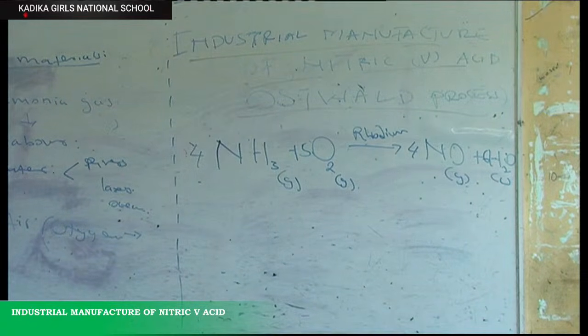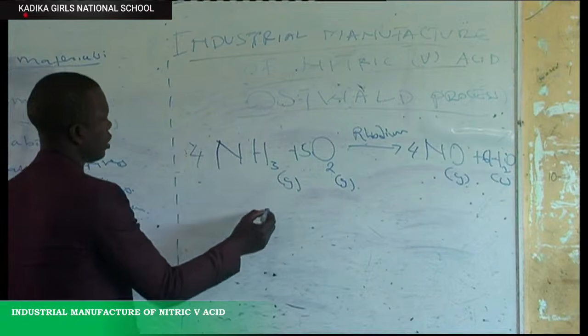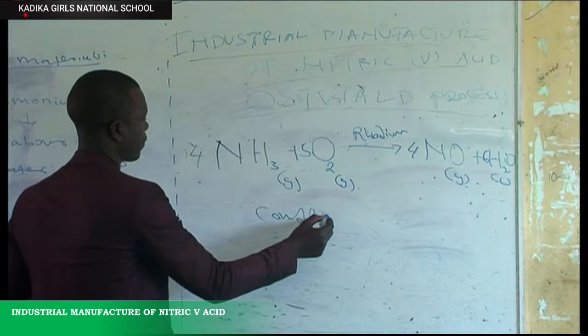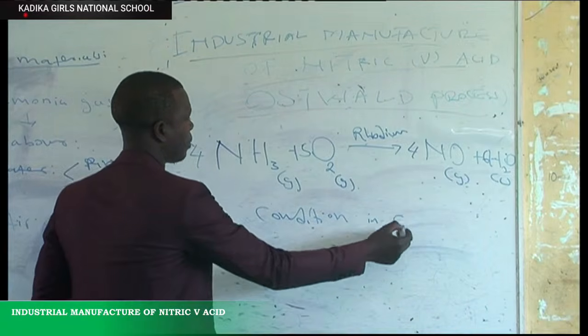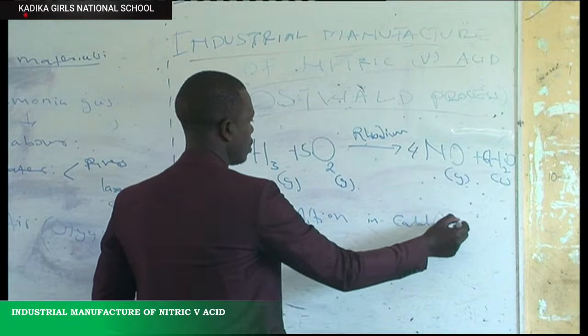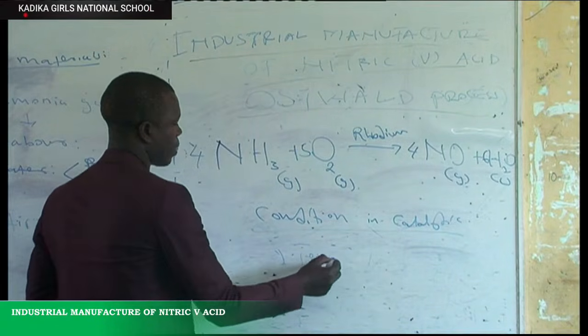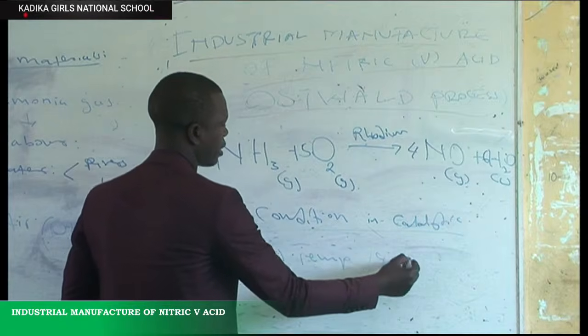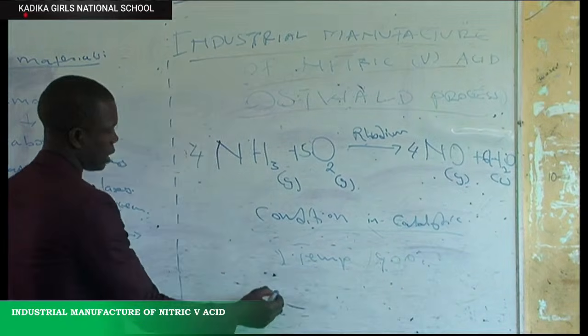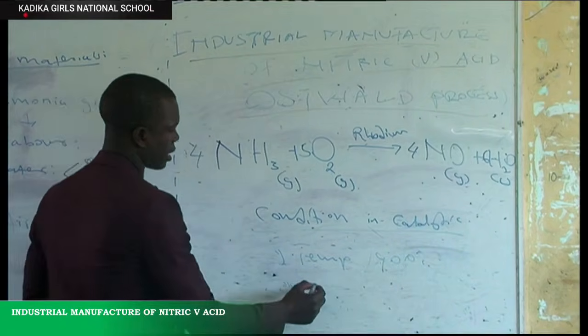So once nitrogen 2 oxide has been formed in the catalytic chamber, the temperature in the catalytic chamber is very high. It is about the conditions in the catalytic chamber here. And another thing, there is a catalyst.